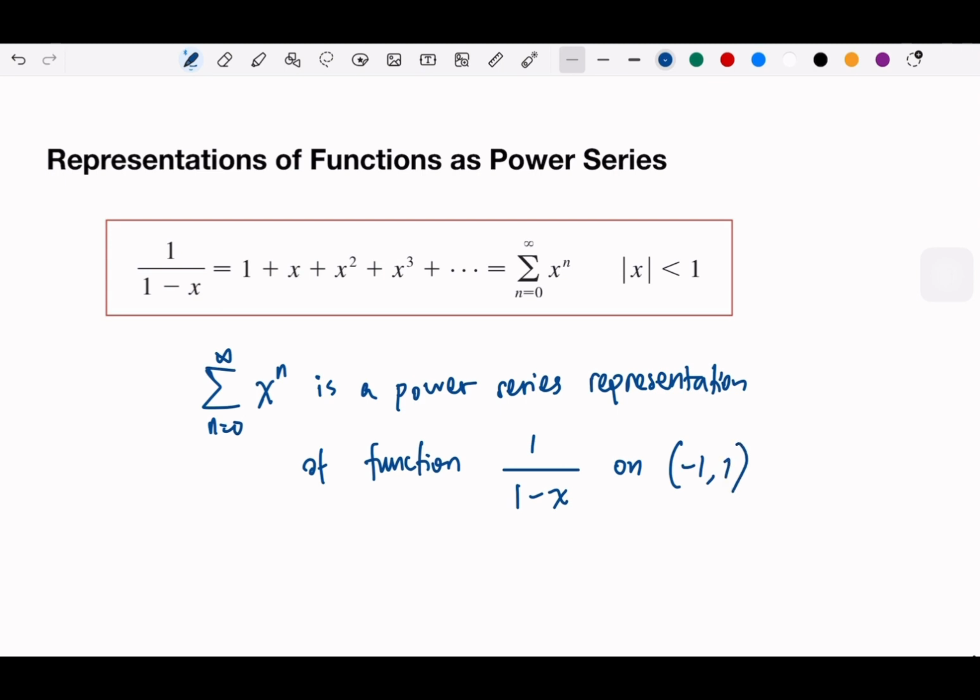Let's say we have the interval -1 to 1, that's the ratio.